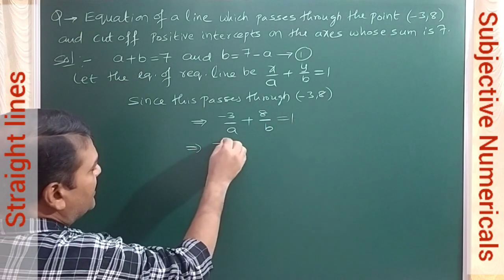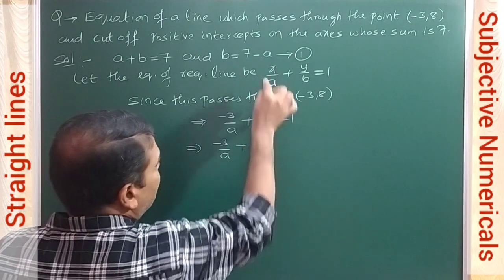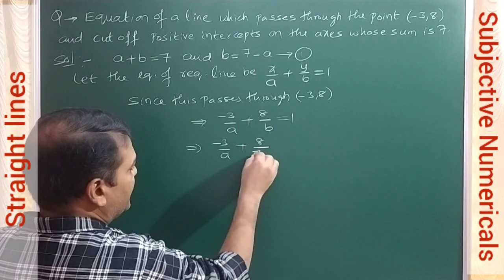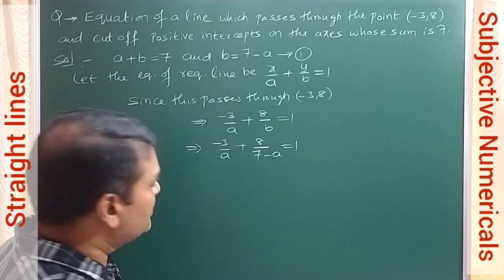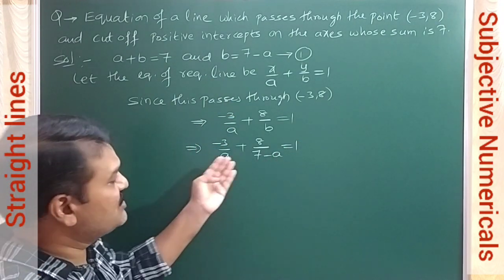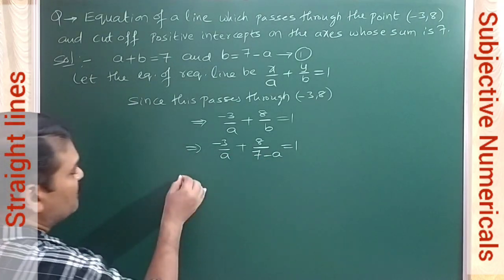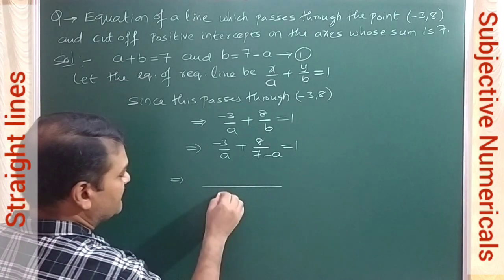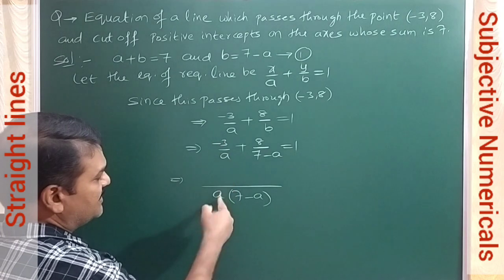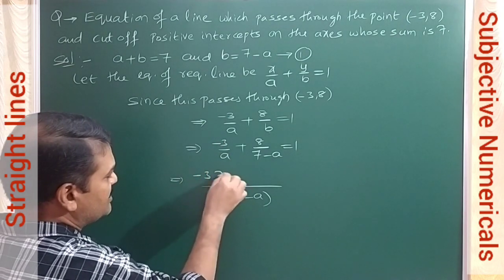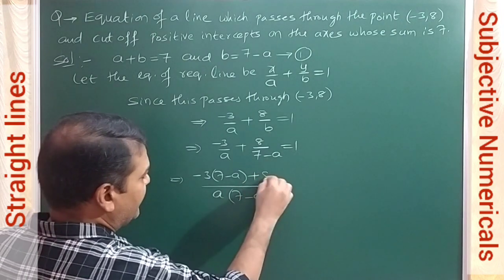Now using equation 1, this b will be replaced with 7 minus a. Now just simplify. See, we have an equation in terms of a now. So when we simplify, we can get the value of a. So take LCM. In the first term we will get -3 into (7 minus a), and in the second term we will get 8a.